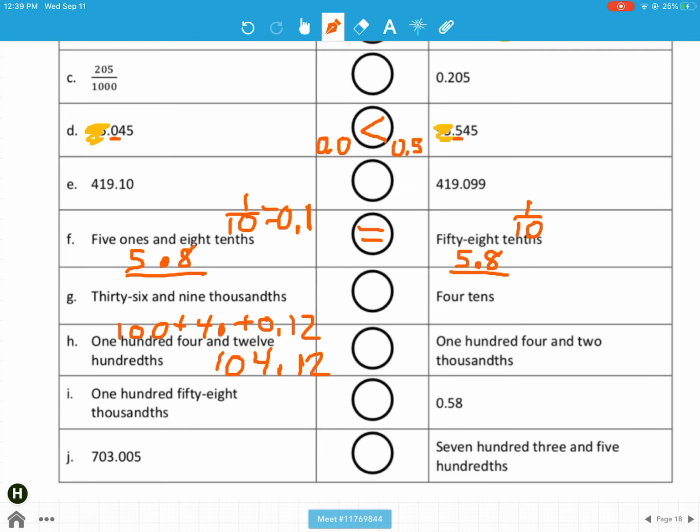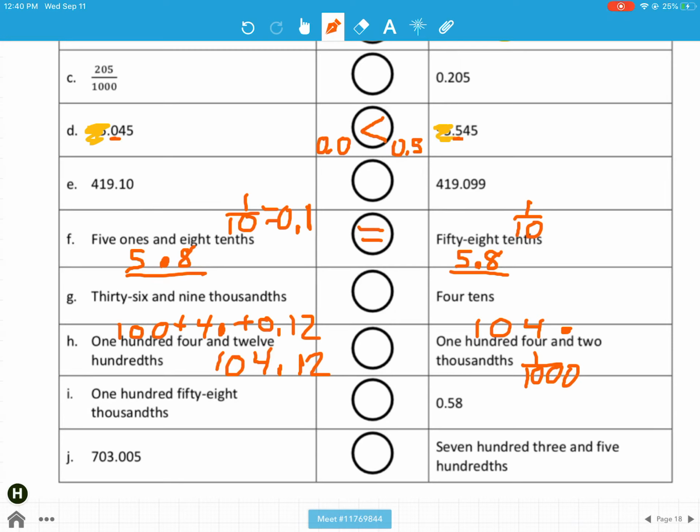Here we have again 104 and 2 thousandths. How do I know where the thousandths goes? Well, thousandths has 3, so there's going to be 1, 2, 3.